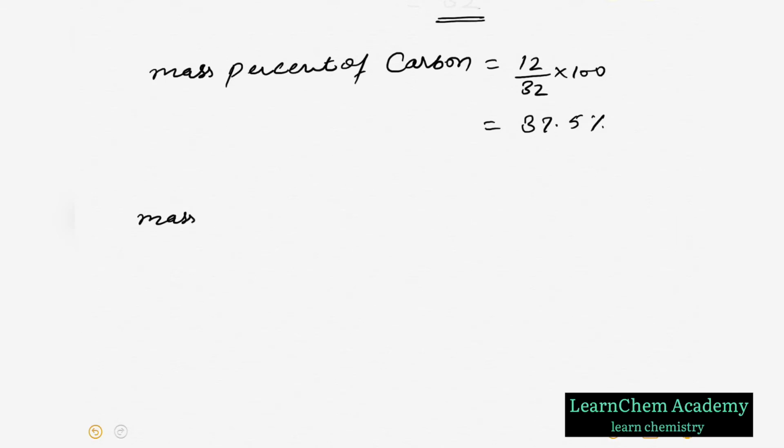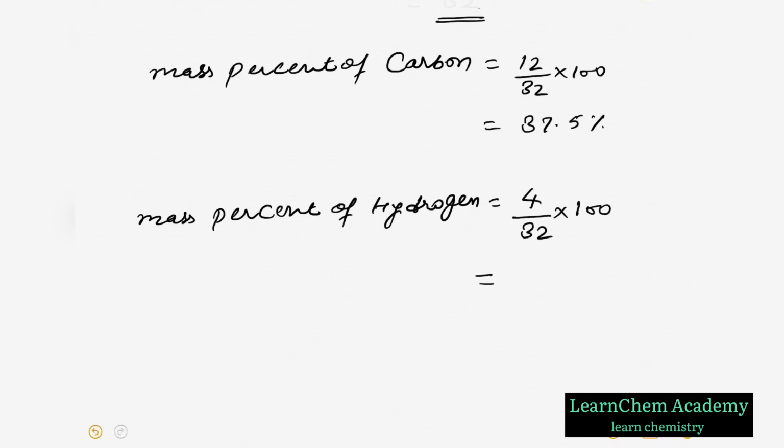Second, the mass percent of hydrogen. Hydrogen's weight is 4 grams and the total weight, the molar mass of the compound, is 32, multiplied by 100, so we get 12.5% of hydrogen by mass.